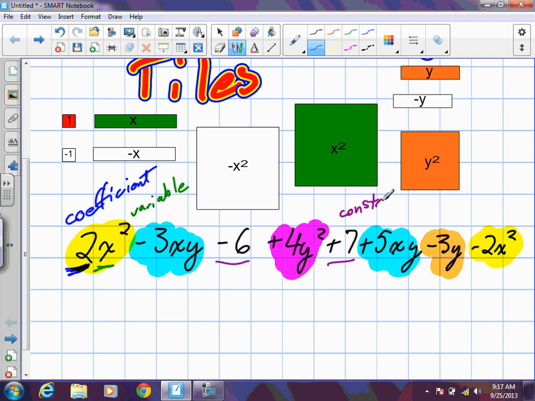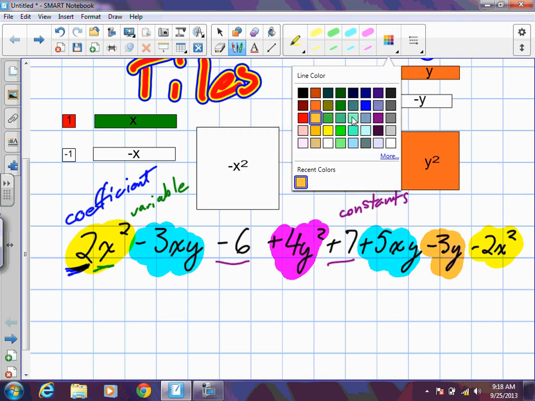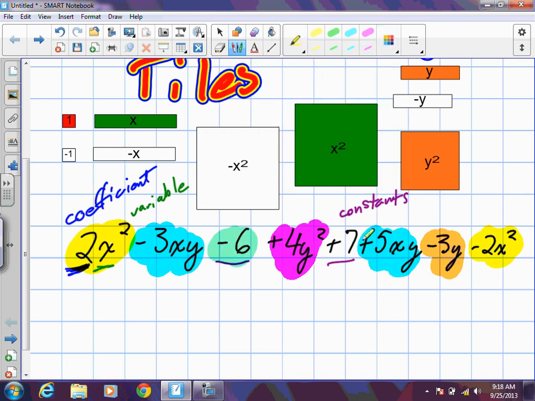For us, they're called the constants. Okay. So these are our constant terms. And constant terms can be added and subtracted together without any difficulty. Okay? So essentially, they're considered like terms in themselves. So our constants here can be put together. So we've highlighted everything that can be collected and put together as a like term.